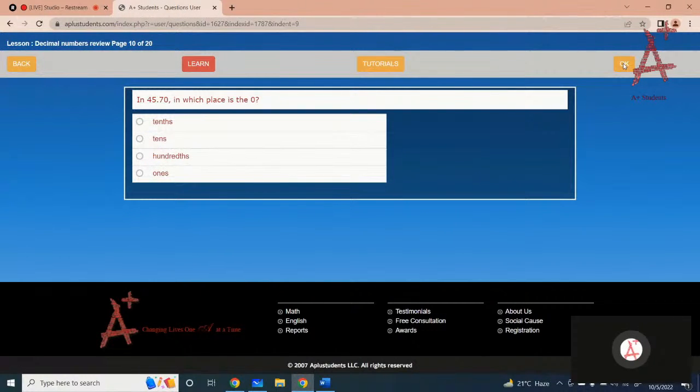In 45.70, in which place is 0? Is it at the tenths, tens, hundredths, or ones? 0 is at the hundredths place. Got it?